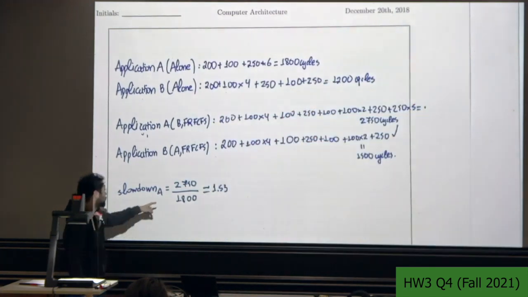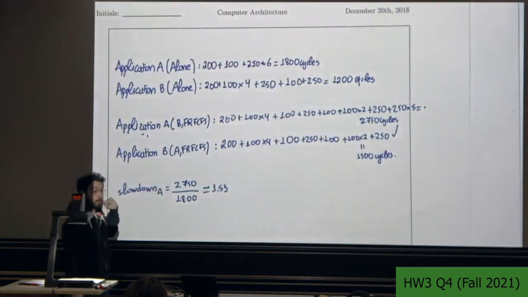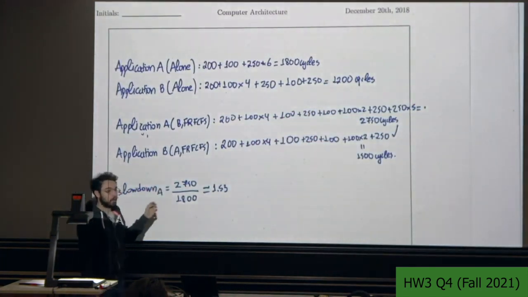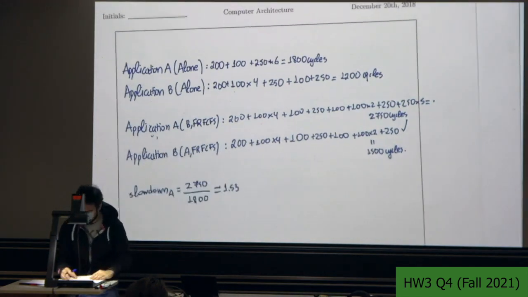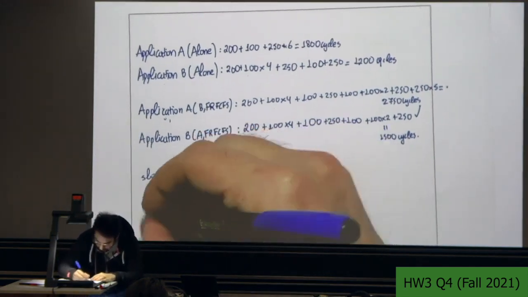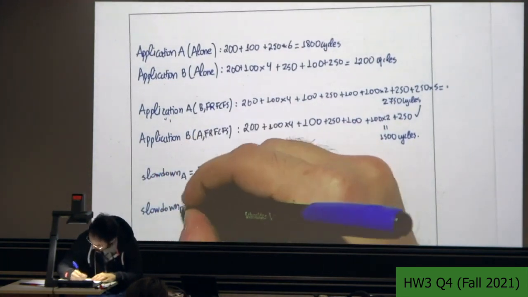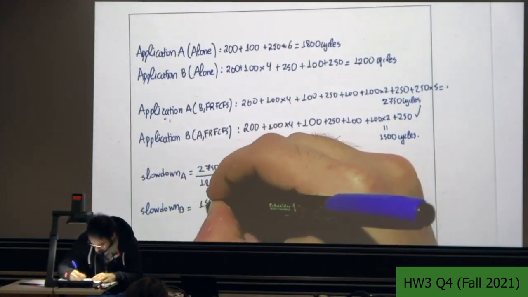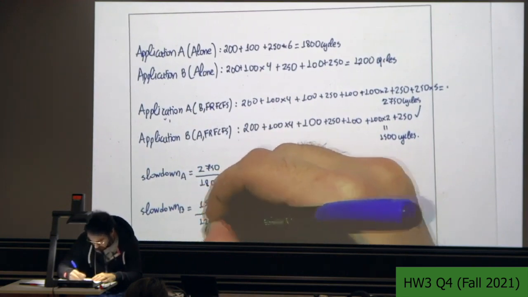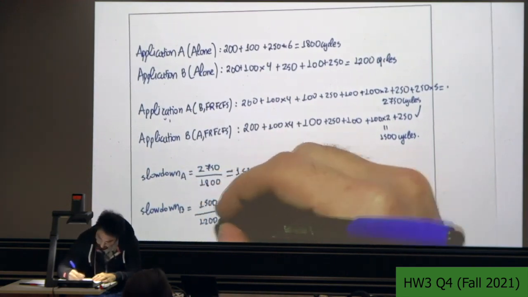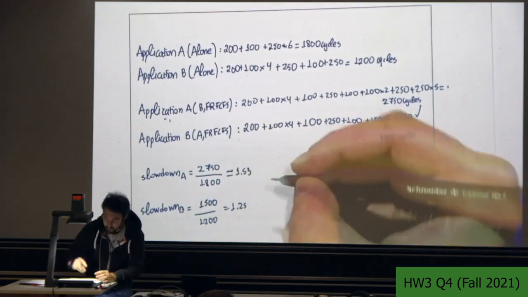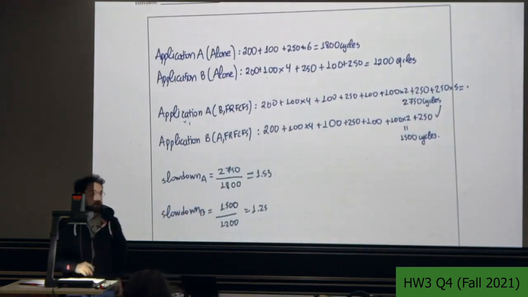This is the application A latency when it runs with application B over the alone execution, right? And the slowdown of B equals 1,500 over 1,200, which equals 1.15. So this is how we calculate the 2 latencies.